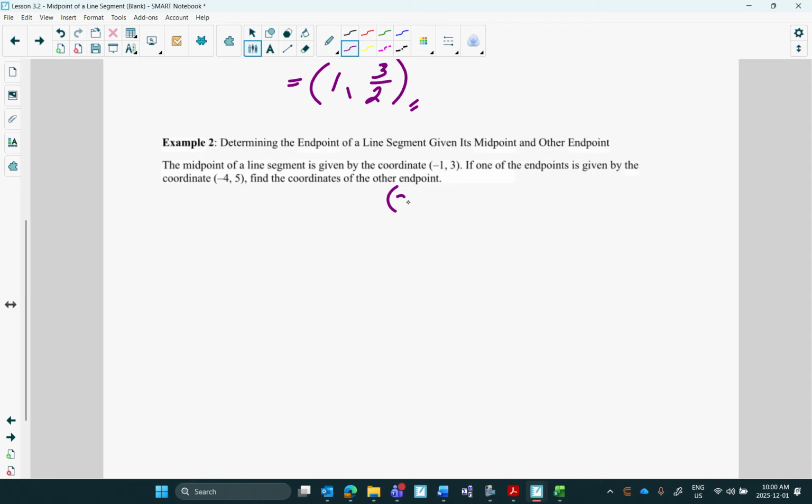So why don't we call the other one x, y? Because we don't know what it is. Remember the midpoint formula. It's x1 plus x2 divided by 2, comma, y1 plus y2 divided by 2.